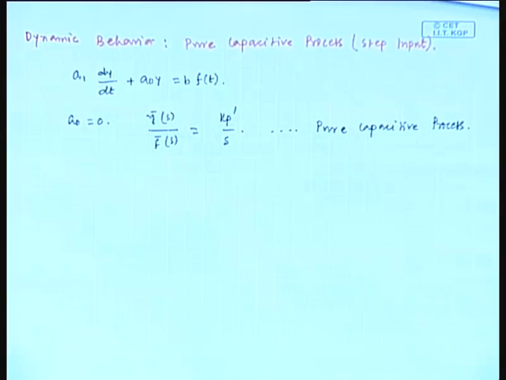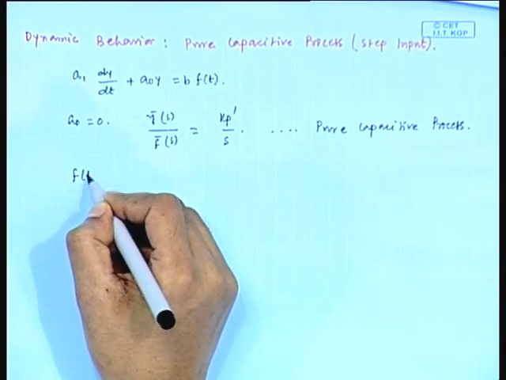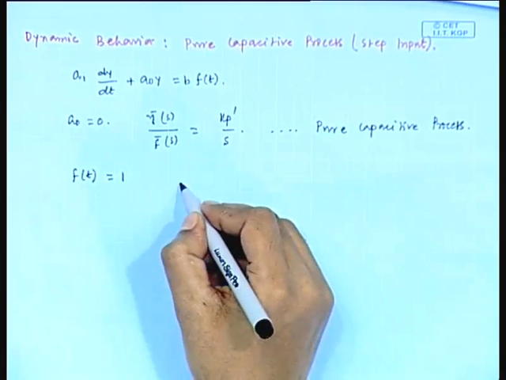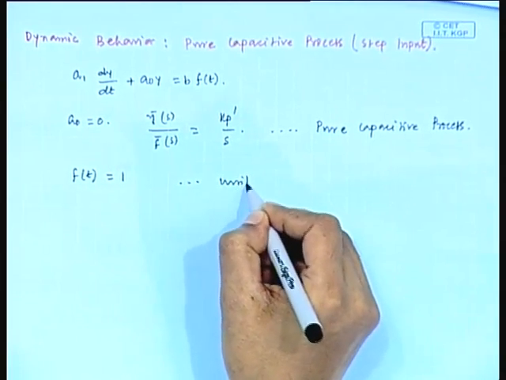Fine. Now, we will introduce a step change in input variable. So, f(t) we will consider equal to 1. I mean, this is a unit step change.